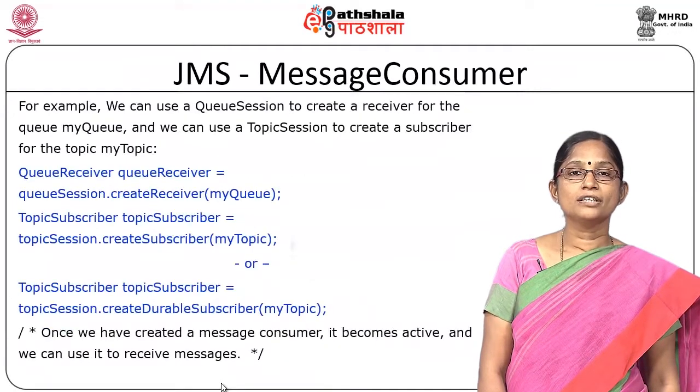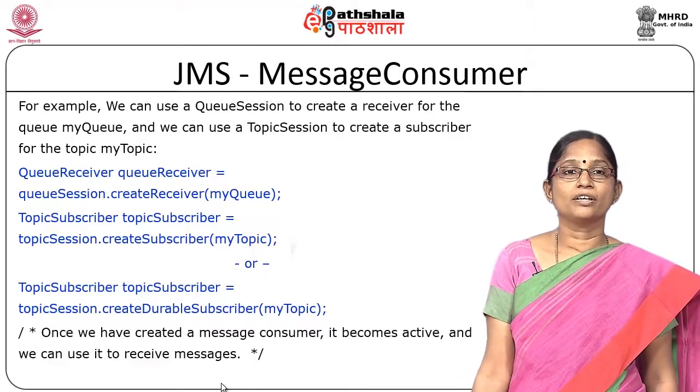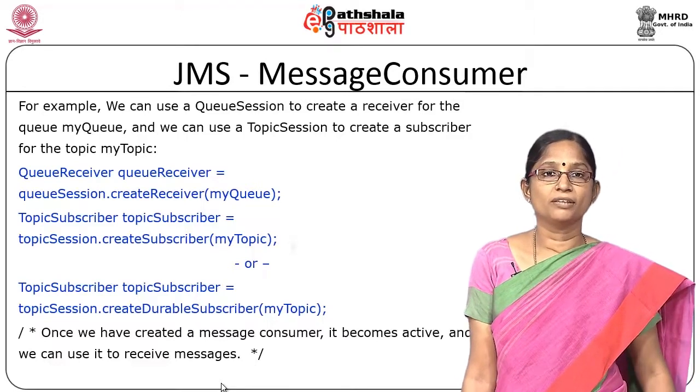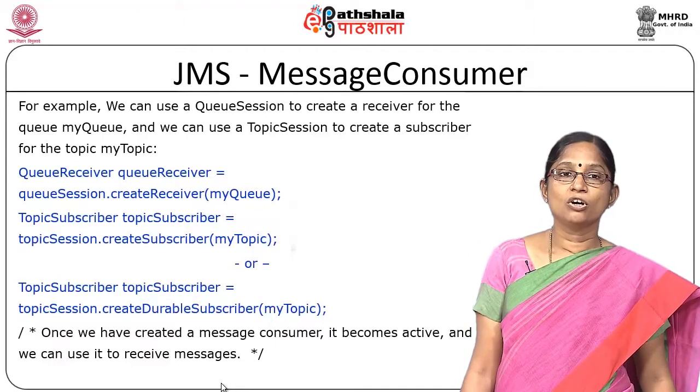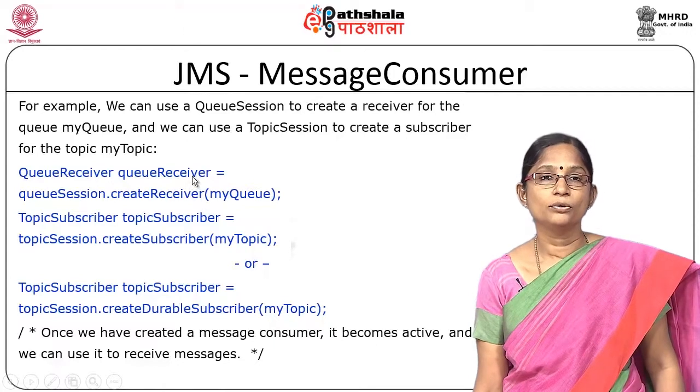You can see the code snippet which pertains to the message consumer. We can use a queue session to create a receiver for the queue. First we are going to see how to create a queue receiver using the queue session. Then a topic session is used for creating a subscriber for the topic. You can see a variable called queue receiver, which belongs to the class queue receiver.